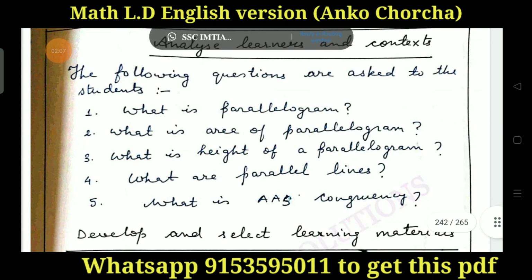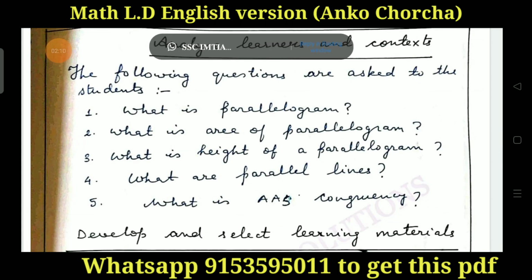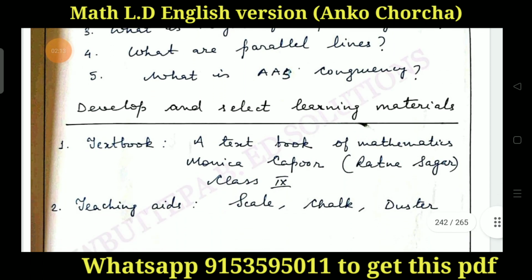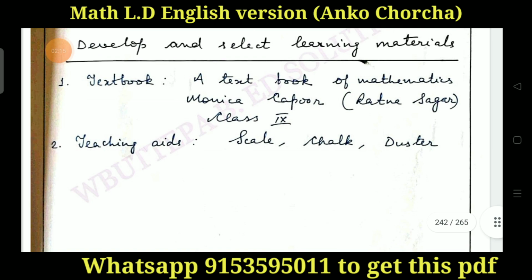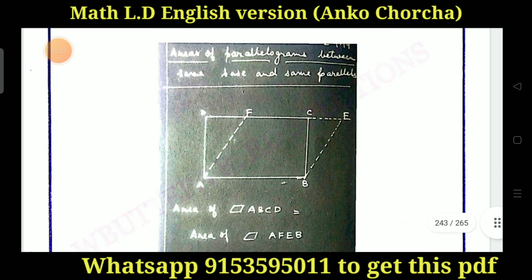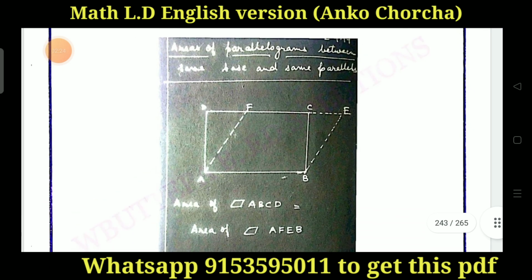Analyze learner and context. The following questions are asked to the student. Develop and select learning material, textbooks and teaching aids. Here some blackboard work. Area of parallelograms between same base and same parallels.